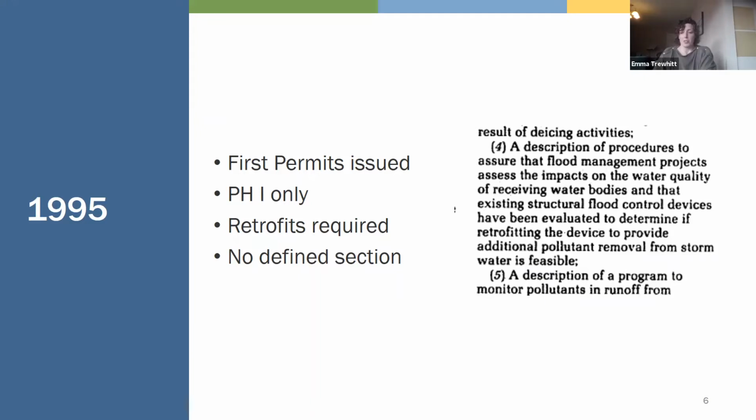So these 95 permits also included a program to include water quality management considerations into flood management projects, including a schedule for retrofitting existing projects to the extent practicable. Both of those stem directly from the CFR, which is highlighted in that nice CFR text over on the right side of the screen.